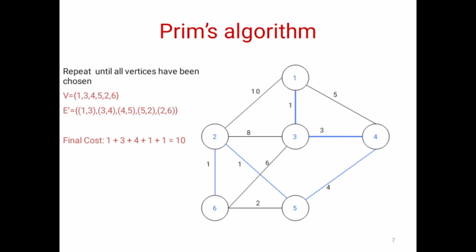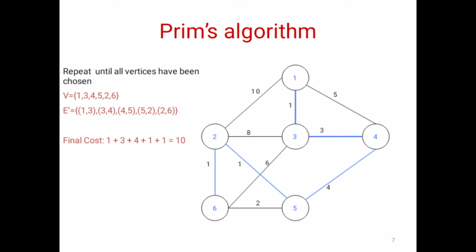Then from vertex 5 you can reach 2 more vertices, 5 to 2 and 5 to 6. Again the minimum is 5 to 2, so I am choosing 5 to 2. From 2 you can reach vertex 6 and vertex 3. 2 to 6 is minimum, hence I am choosing 2 to 6.